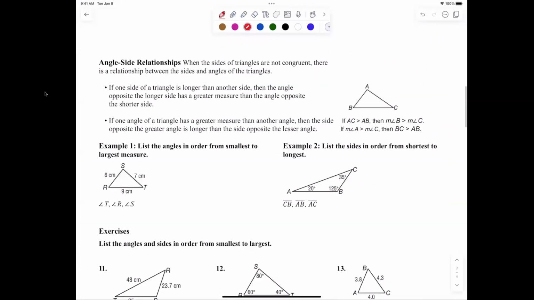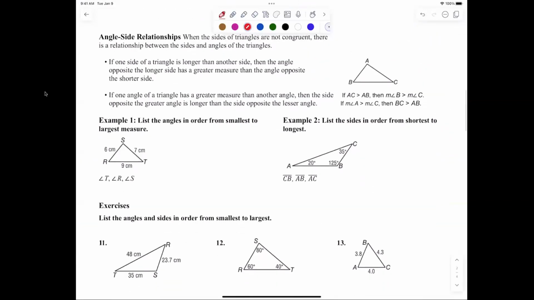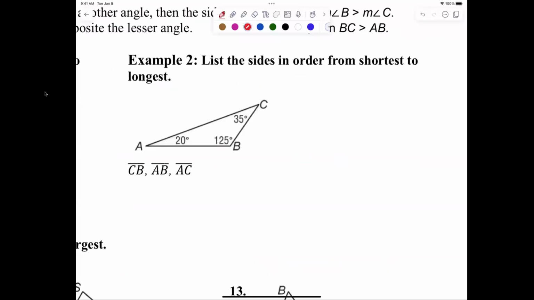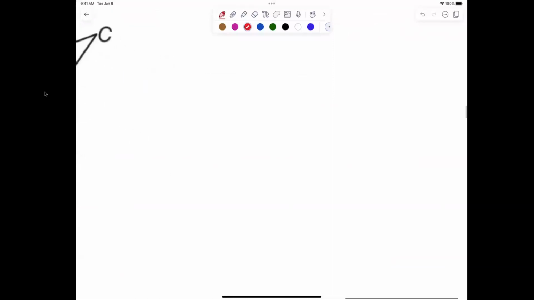All right, so let's go down here. Now, here is what I would like to try to demonstrate. Look up here on the board.